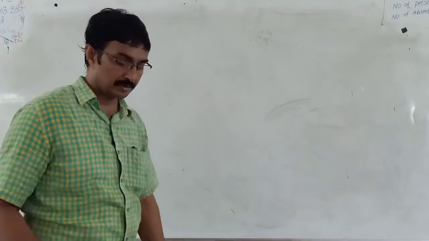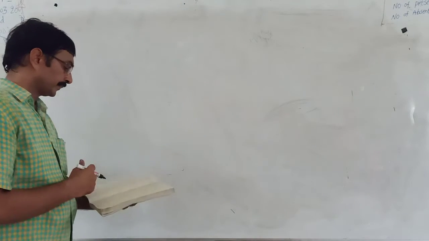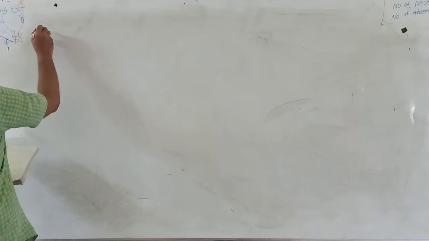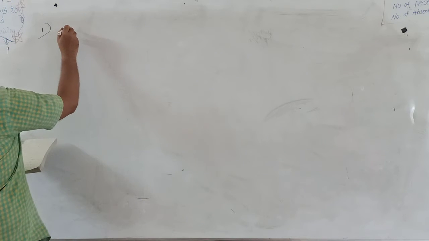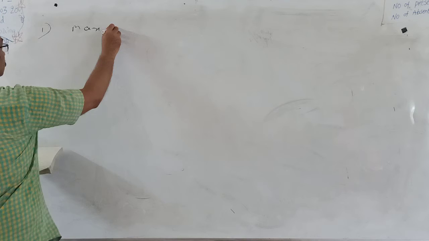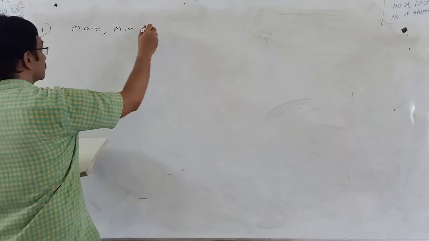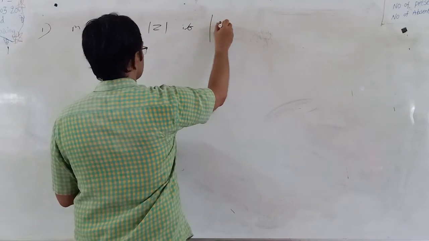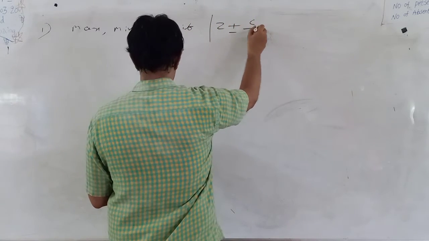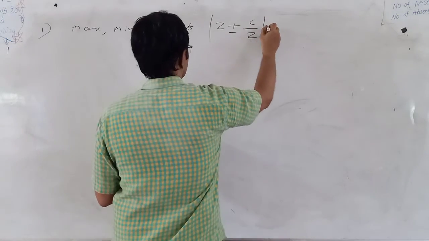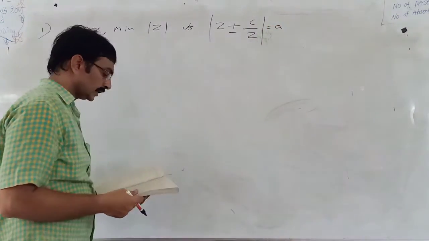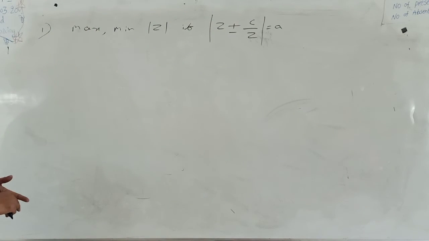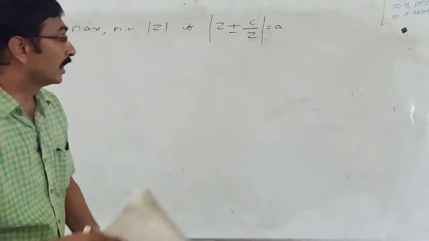Now see the problems related to the above. Before that, see one standard division. Find the maximum and minimum values of mod z if modulus of z plus or minus c by z equals a.